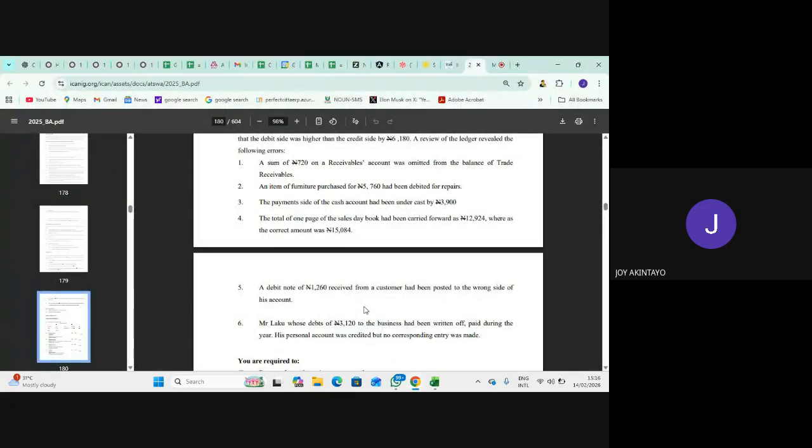An item of furniture purchased for 5,760 was debited to repairs. So we've debited our repairs account. We have to reverse it, then post this into the appropriate account.